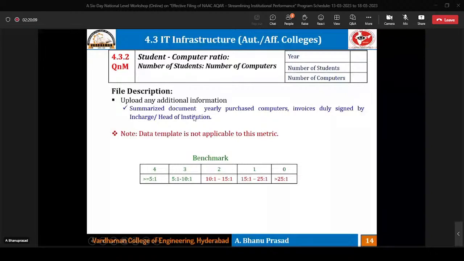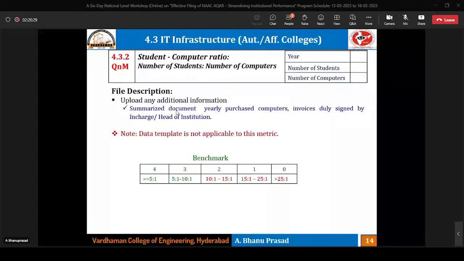You have to upload the summarized document, yearly purchased computers, invoices or bills signed by the in-charge of the particular wing or the head of the institution. You can upload them. Earlier we used to have a data template, but now it is not included.